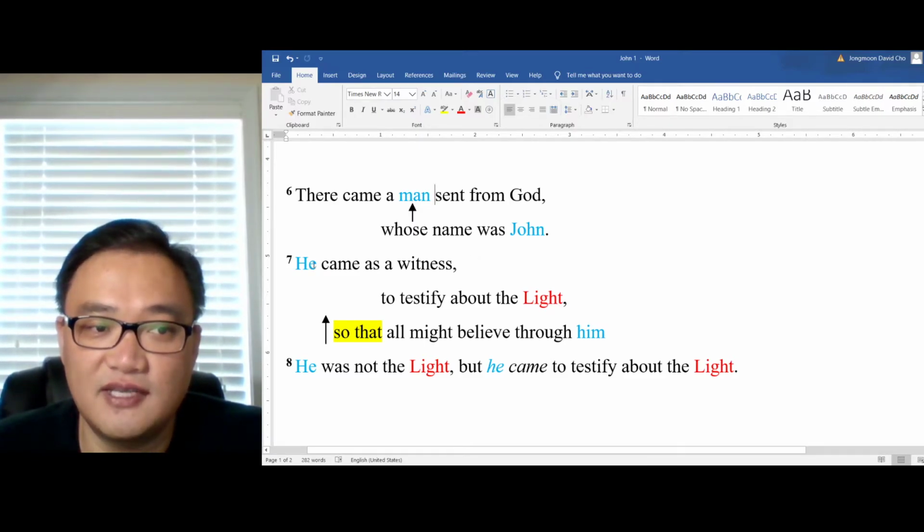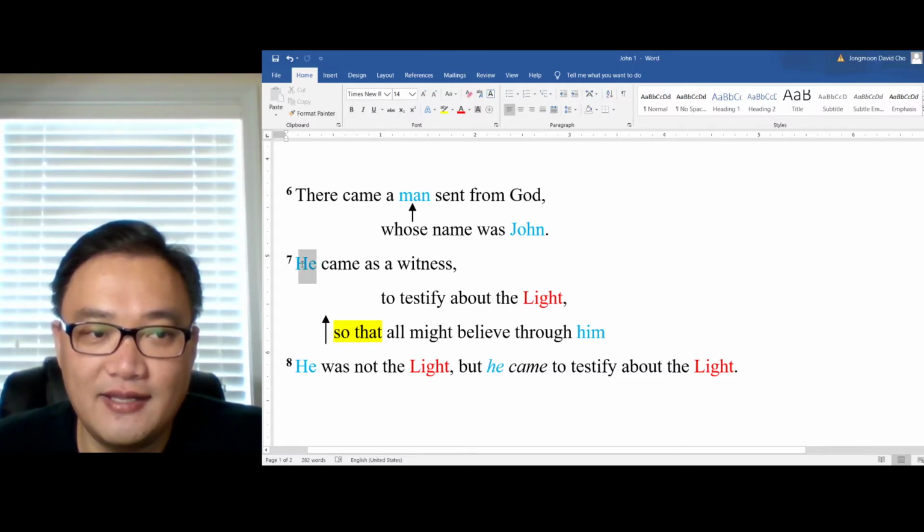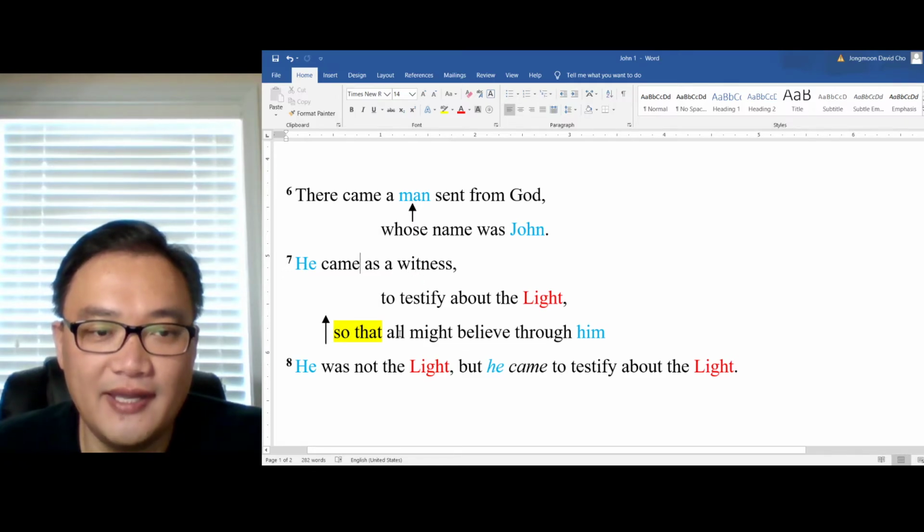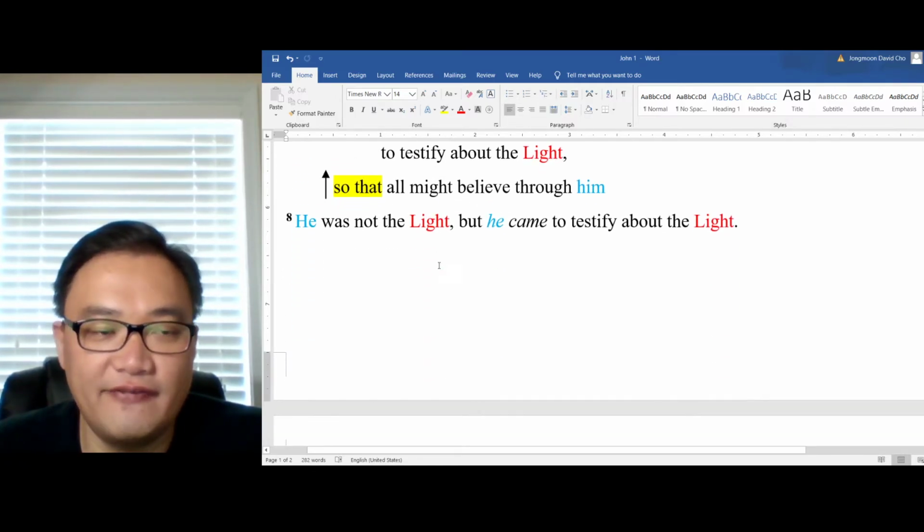Likewise, verse 7 says, he came as a witness. Well, we know that he is the main subject, and came as a witness is the predicate. Came is the verb, and then as a witness is the rest of the sentence. And that's what we're trying to do. We're just trying to figure out what the main subject and the main verb is.